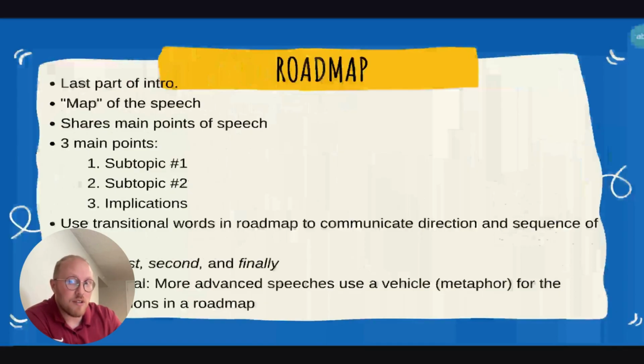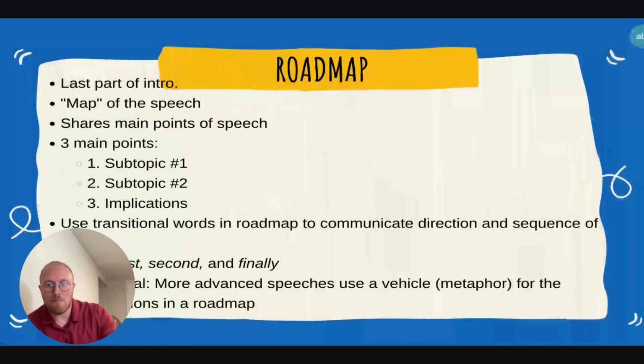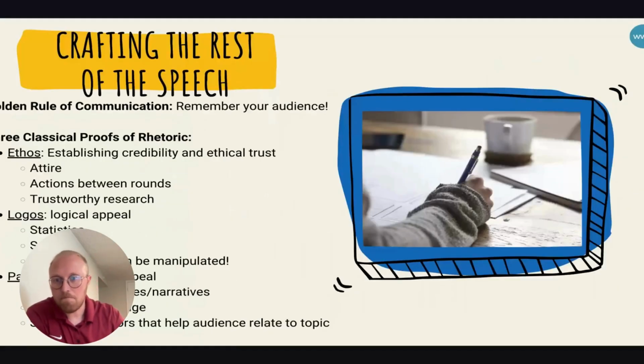Not a solution, because that's the big difference. You don't have a solution step like you would in original oratory, because original oratory usually it's kind of like background, implication, solution. Here it's more like, it could be background, but subtopic 1, subtopic 2, and then implications. You still want your audience members to be contemplating the implications, even if you're not going to then delineate what are some practical solutions in the informative speech.